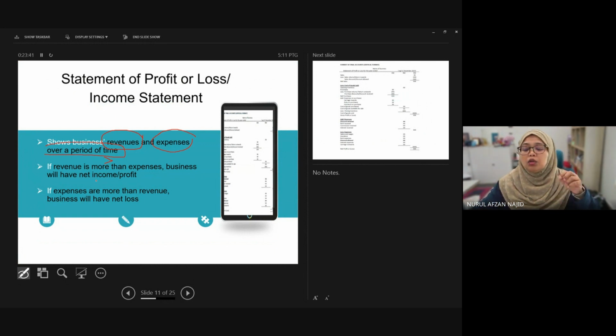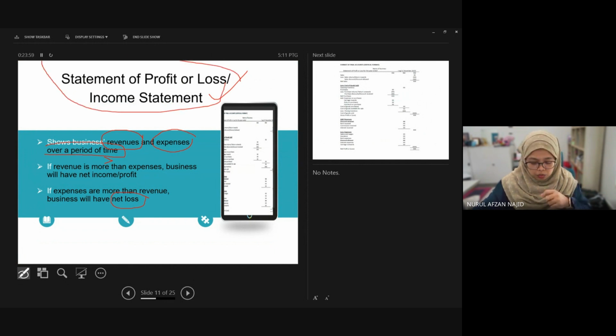Tapi kalau duit masuk kurang daripada duit keluar, duit masuknya sikit je, duit keluar banyak, itu yang menyebabkan company tu akan dapat loss. Itu pentingnya profit and loss ni. Penting sebab kita nak tengok bisnes kita tu untung ke rugi.